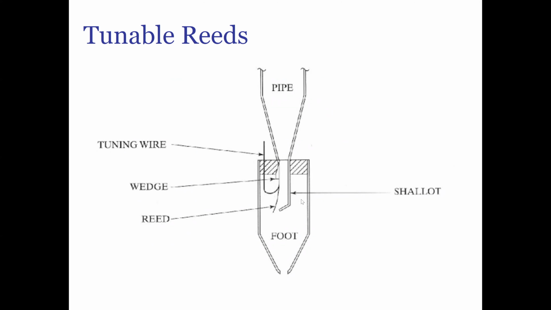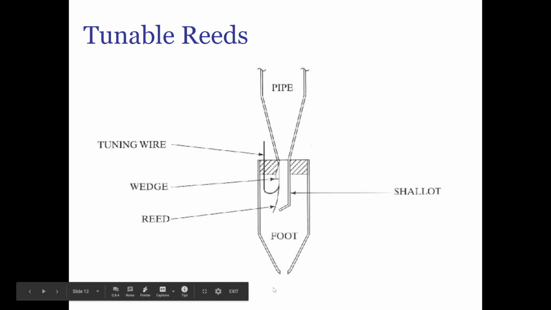It's going to make it an effectively more stiff reed, and it's going to change the resonance of the tube. This can allow you to fine tune the tone coming out of the pipe if your conditions change somewhat. So if the temperature changes and you need to make minor adjustments, this is a way you can do this.